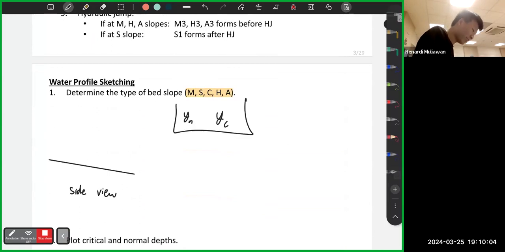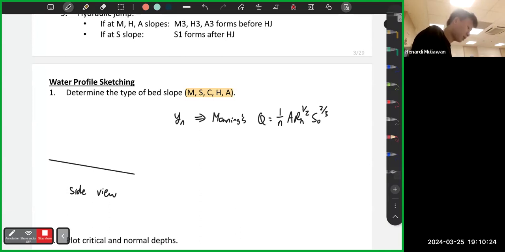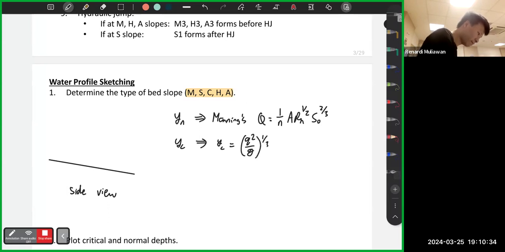We will be using these two again. As a recap, yn is your normal depth calculated using Manning's equation: Q equals 1 over n times A R_H to the power 2/3 times S_0 to the power 1/2. Then your yc is from the critical flow equation: yc equals (Q squared over g) to the power 1/3. Again, this is just a recap.